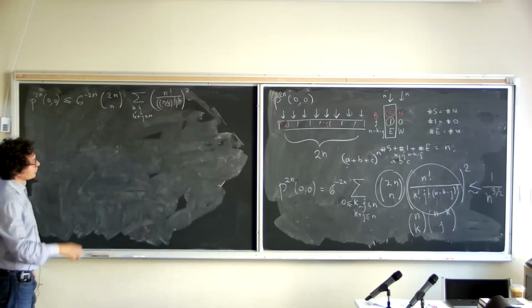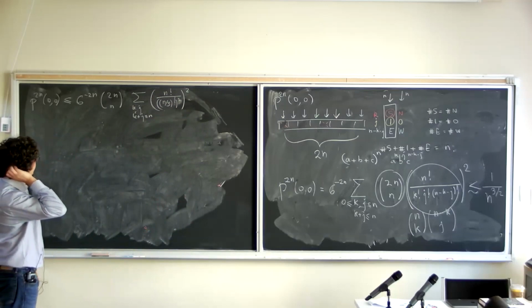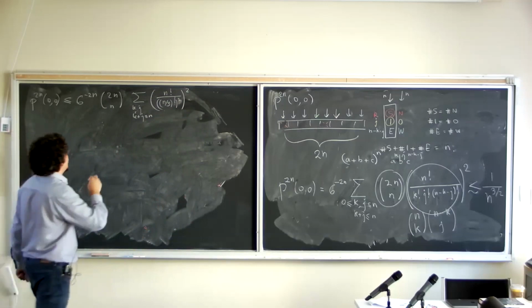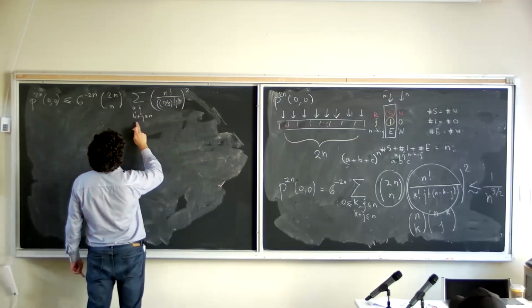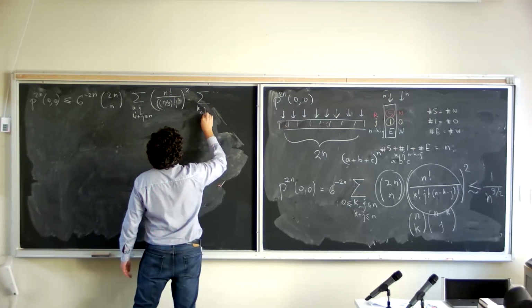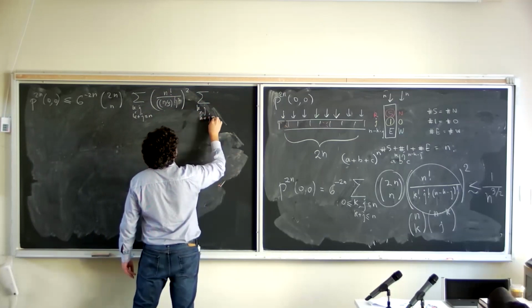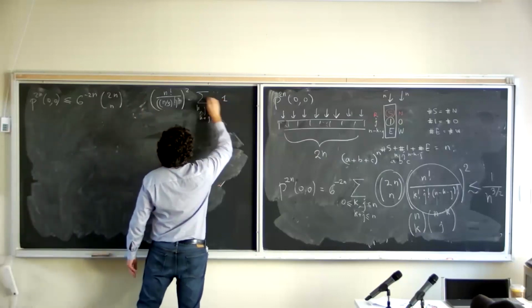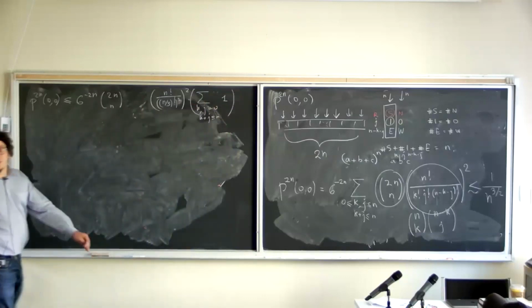Okay. And then we have to estimate. So this one does not depend on k and j, so we can put the sum over k and j here. K plus j is less than n, and these are positive. It's like 1. So what is that sum?